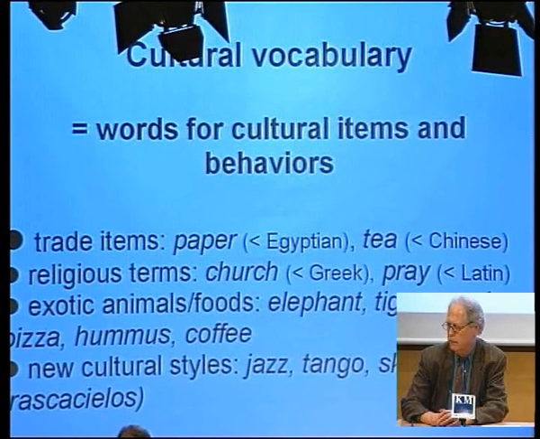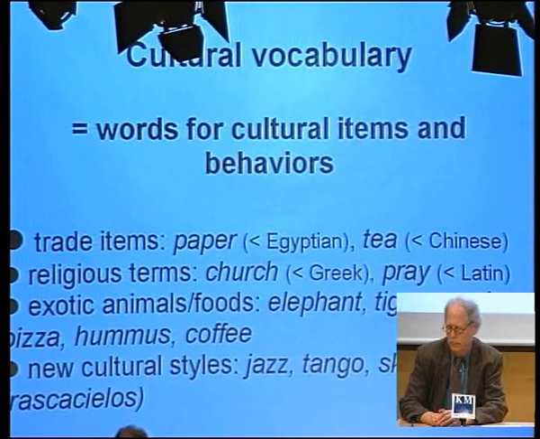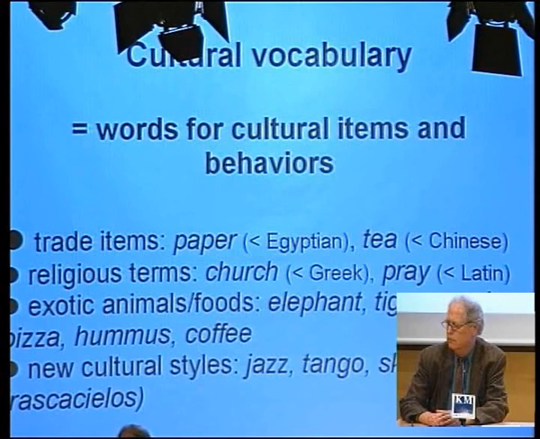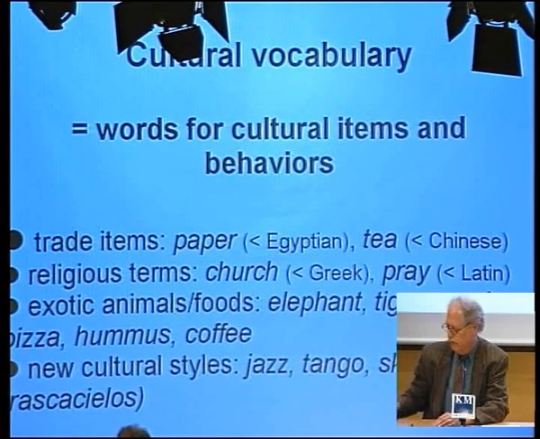Another category is religious terms. Church, in English, comes ultimately from Greek, and iglesia and eliza in Basque and Castilian come from a different Greek word. And as Christianity spread, Greek, Latin, and Hebrew words have been borrowed by the languages.